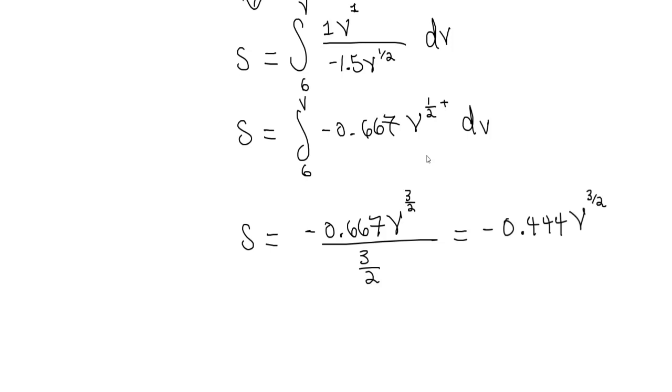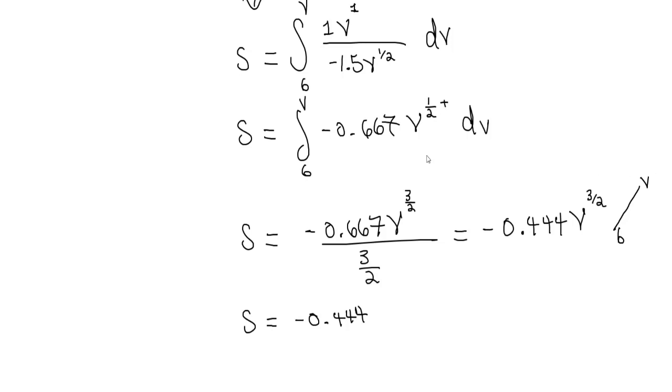Then these are from 6 to v. So our integral is bounded. So 6 to v. So this is the initial. This is the final. So we do final minus initial. So if I do that, it's going to be s equals negative 0.444. I take this v, plug it in here. It's just v. So that stays the same for the final.